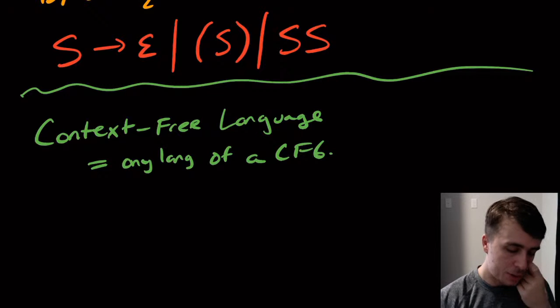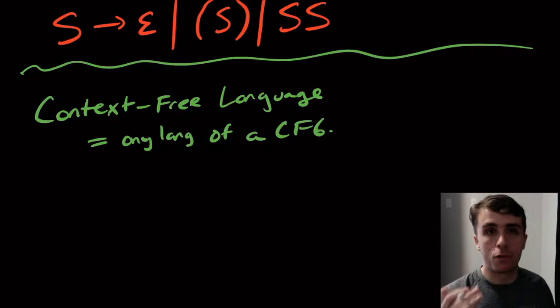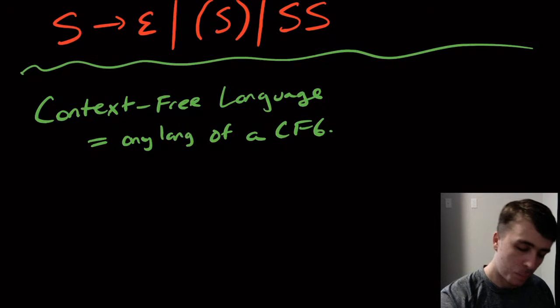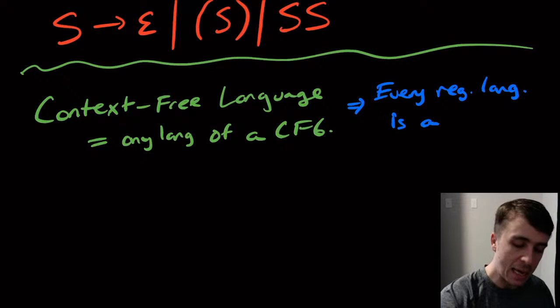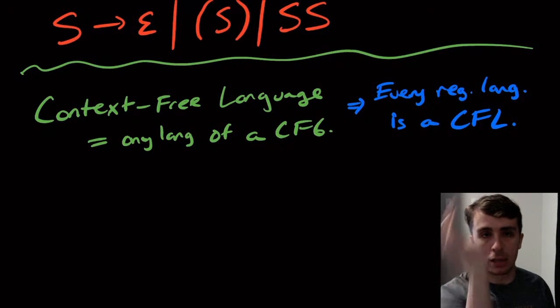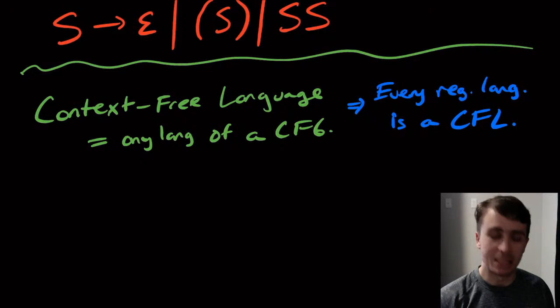So that's nice. And so what I mentioned before is that every regular language can be made by a context-free grammar. So this tells us that every regular language is a context-free language, and I'm going to abbreviate that as CFL, context-free language. There are so many TLAs in this class, three-letter acronyms, but it should be pretty apparent.